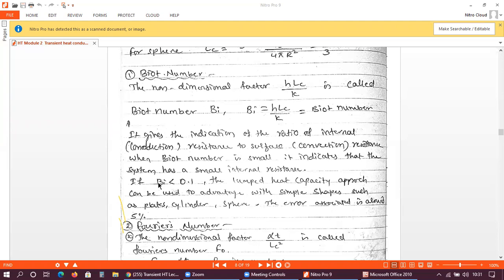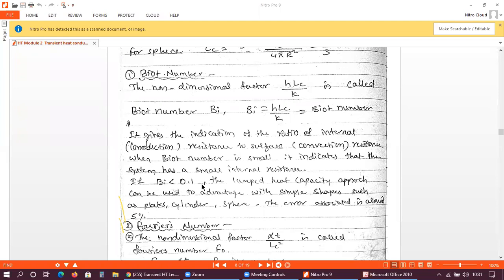If it is greater than 0.1, then there is one more method to solve that problem: through Heisler charts, we have to extract some data and solve. So basically there are two procedures to solve.